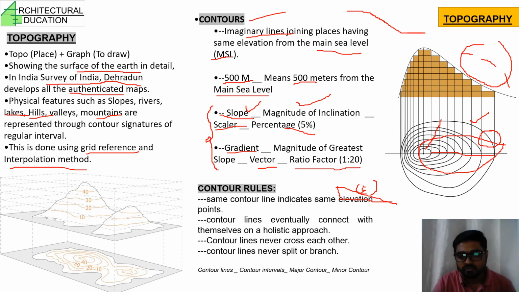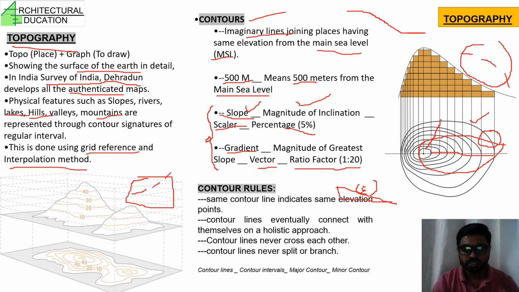A very brief set of rules which we have to follow while doing the topographical analysis in terms of contour. Same contour lines indicate same elevation points. Contour lines eventually connect to themselves on a holistic approach. Imagine that we have a site in which we have a contour which is running in this direction.